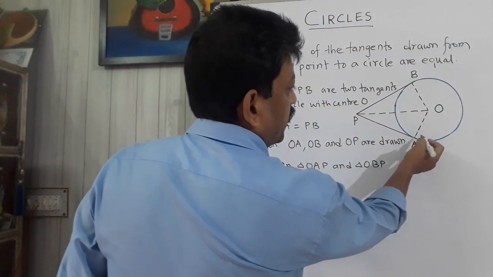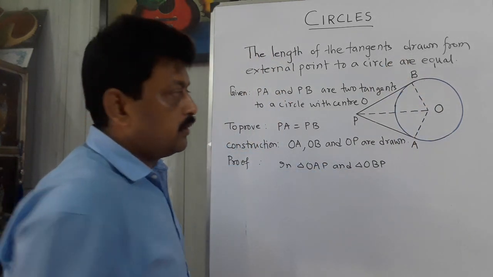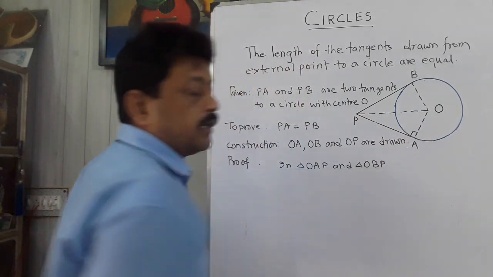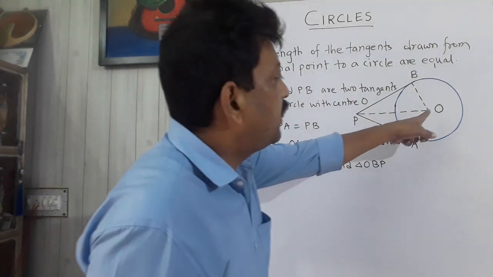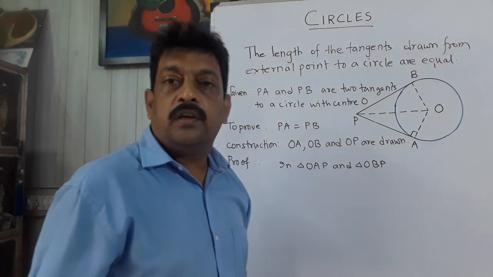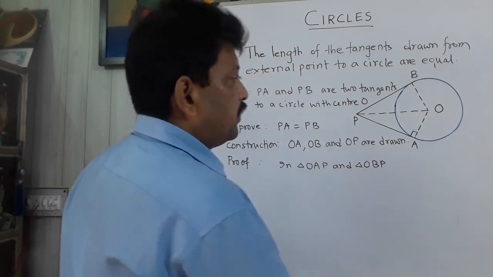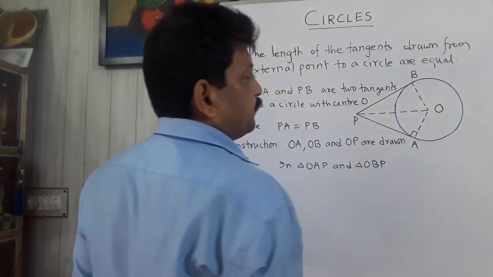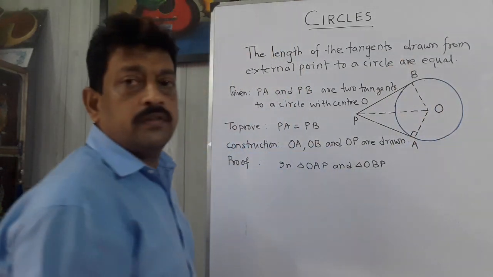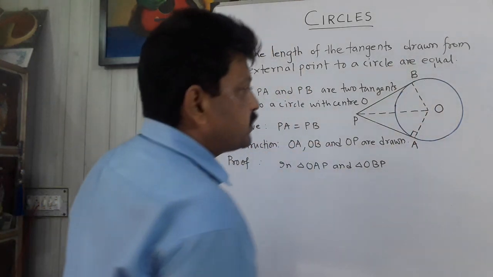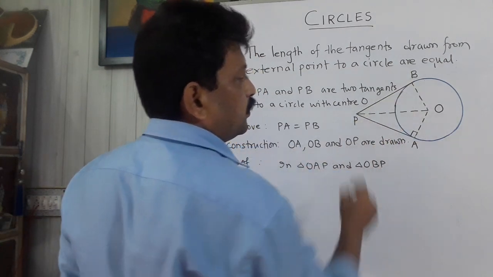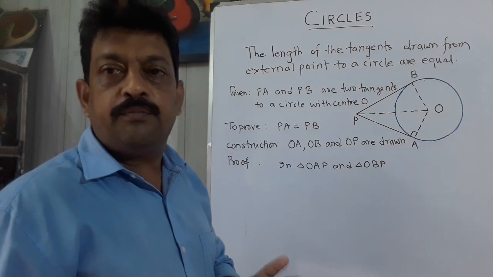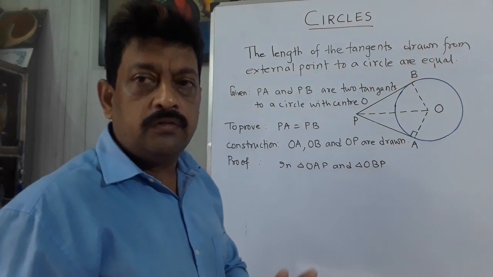Through the point of contact, OA is the radius. Therefore we can say OA is perpendicular to PA. In other words, angle OAP equals 90 degrees. Similarly, B is the point of contact of tangent PB and OB is the radius through B. Therefore OB is also perpendicular to PB. In other words, angle OBP is also equal to 90 degrees.